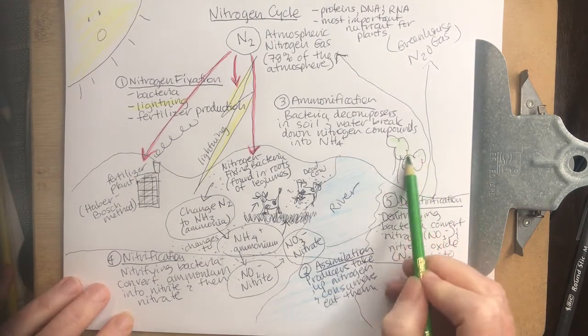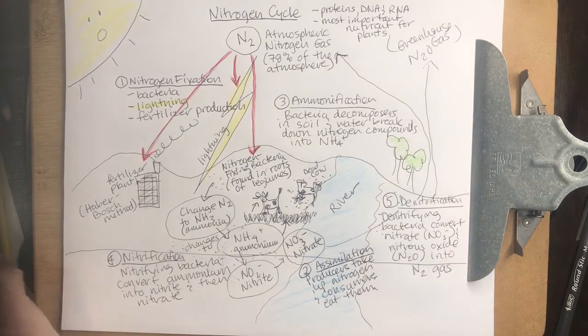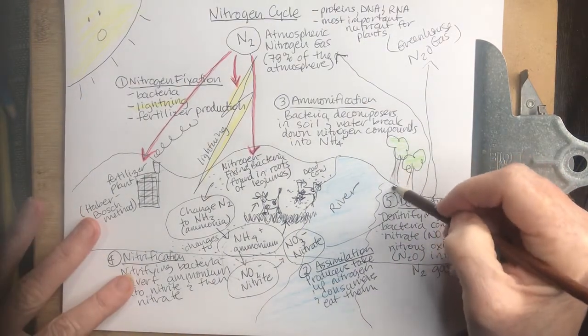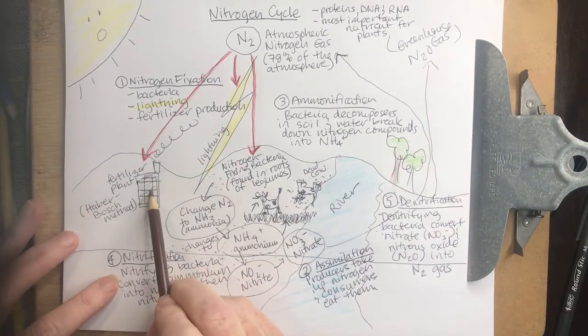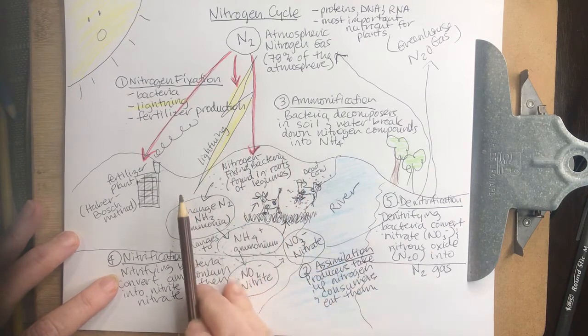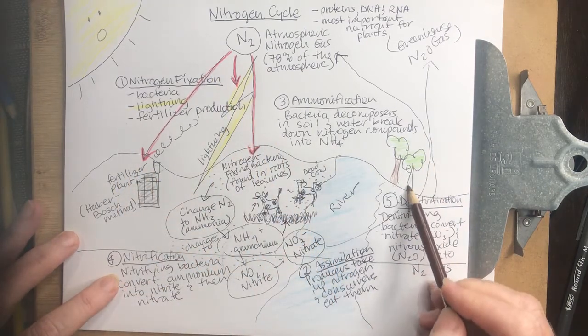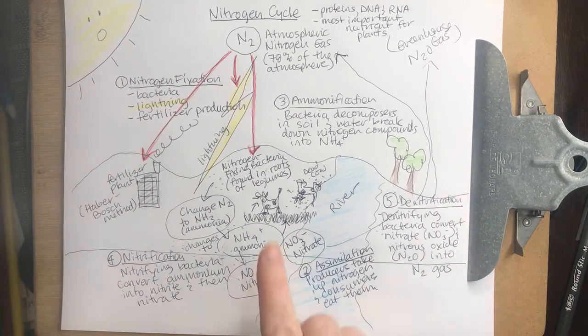Got our trees. Most of our eutrophication comes from this process of nitrogen fixation. We don't have excess nitrogen in the environment because of the two natural processes. It's coming from this human invention, this technology that we use to simulate lightning to produce nitrogen at a large scale that's very, very cheap.